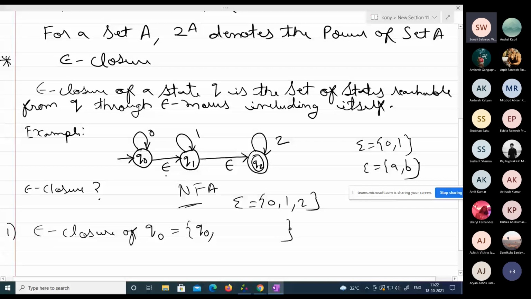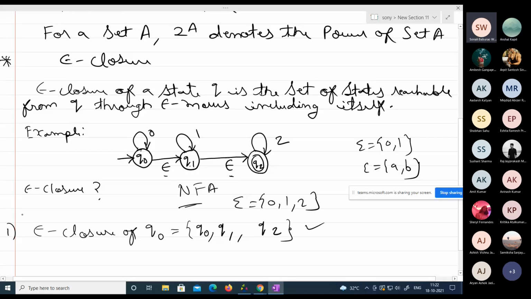We are having two epsilon moves present here, right? So from Q naught to Q1, through this epsilon move, I'm reaching Q1. Then from Q1, I'm having one epsilon move, I'm going to Q2, right? Is it Q naught, Q1, and Q2? This is my epsilon closure of Q naught. Is this clear? Yes, ma'am.